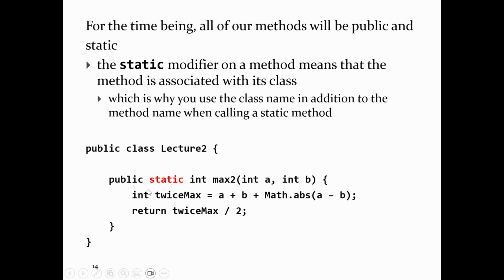So static means belongs to the class. When you want to call the method max2, you use the name of the class to get to the max2 method. If the method's not static, then you need an object to get to the method. We'll talk about that a little bit later on. So for now, everything's static. If you have a public static method, that's the closest thing to a Python function that you can have in the Java language.